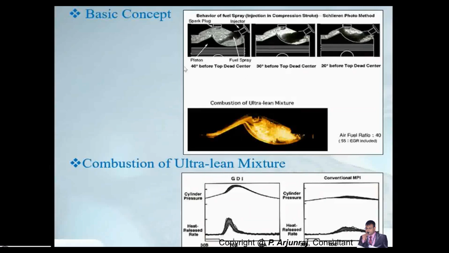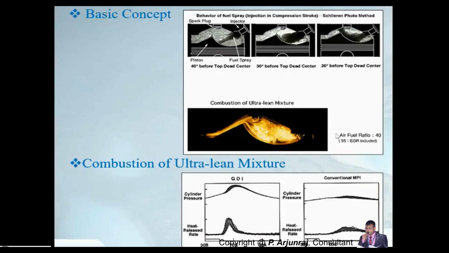So here, the condition they have used is that they have taken the fuel spray at 40 degrees before top dead center, 30 degrees before top dead center, and 20 degrees before top dead center. Based on the variation with respect to the fuel injection, you also get a different spray pattern.